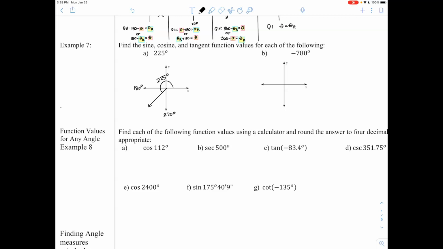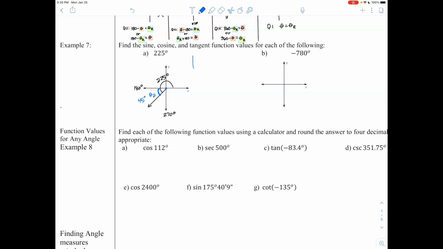Well, if I was talking about that reference angle, theta reference right here, which is the angle between the terminal side of 225 and the x-axis here, that would be a 45 degree angle, right? And so that would be your reference angle.